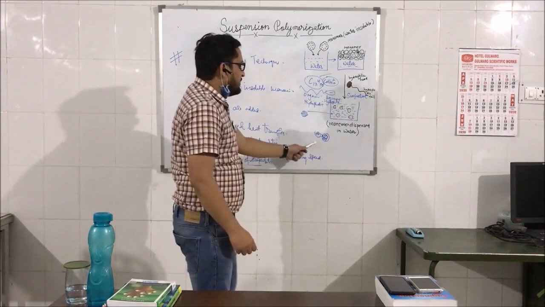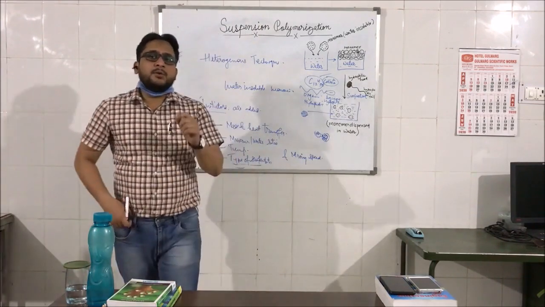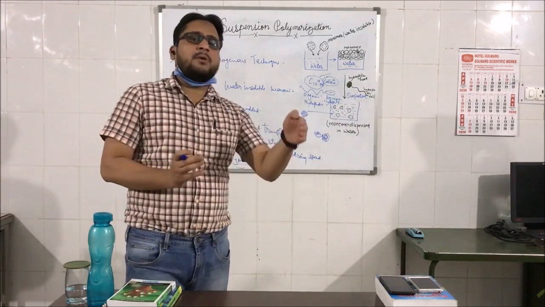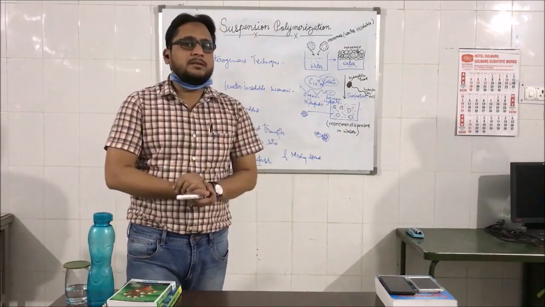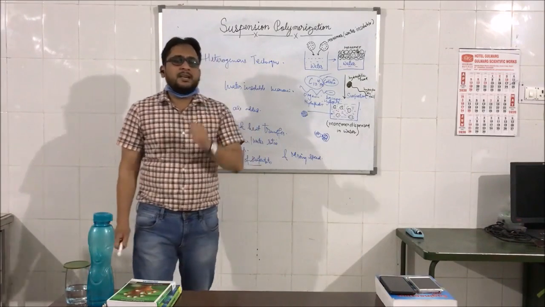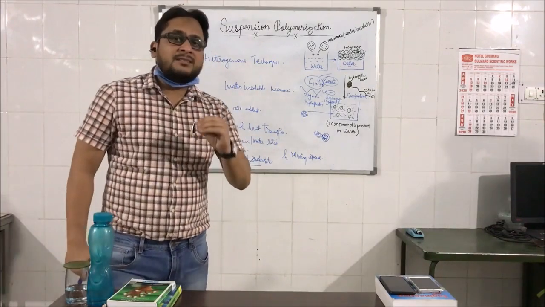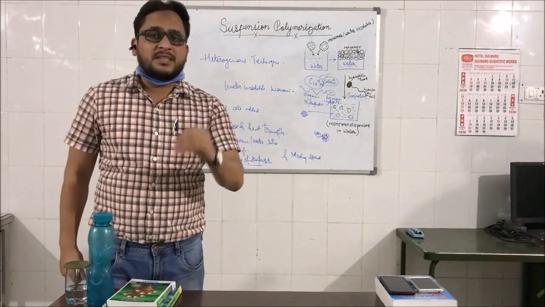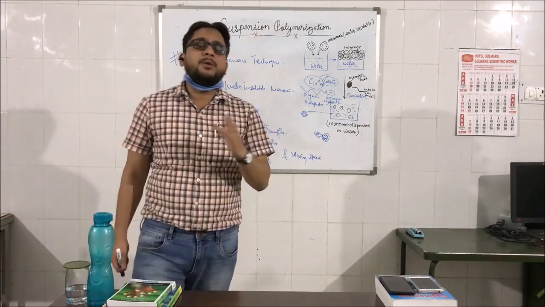The advantage of this technique is that it can be used for polymerization of a monomer that is water insoluble. That is the first advantage. The second advantage is that it results in almost 100%, or complete, conversion of monomer molecules into polymer.